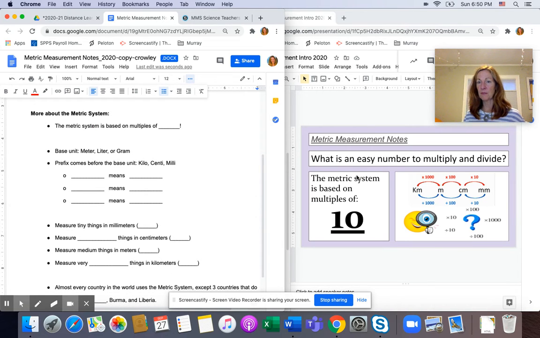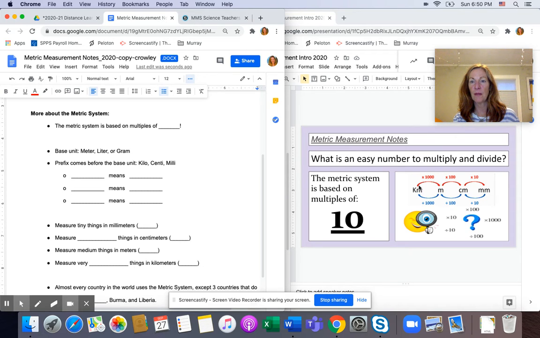And one thing is, that's why it's easy, it's based on units of 10. So to go from one unit to another, you either have to multiply by 10 or divide by 10. And a lot of times we use a decimal point and we move the decimal point over one place or two places depending on what it is. So here, kilometers, km, is 1,000 meters, right?